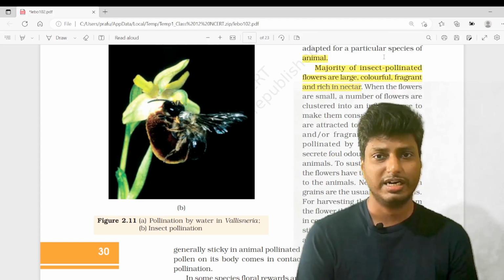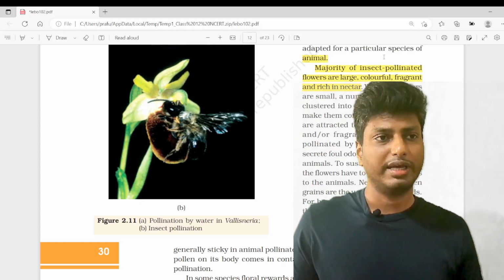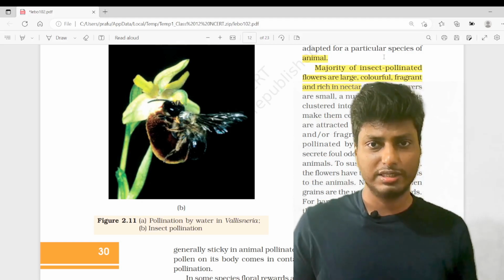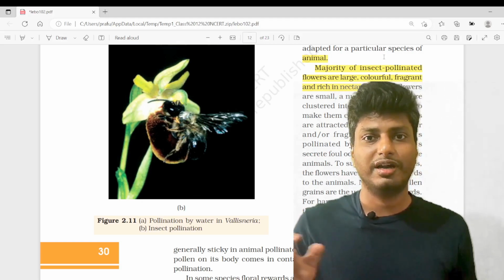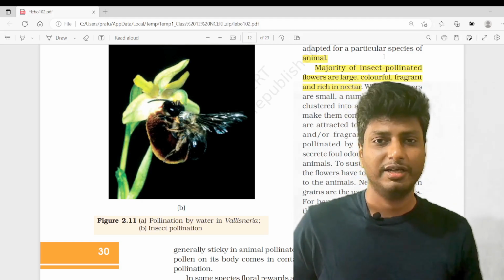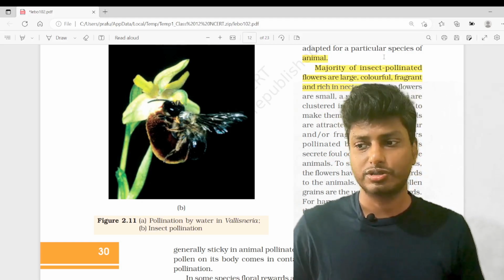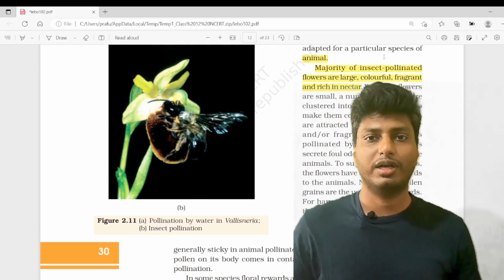Here you have to understand, guys, that it is an example of co-evolution, or you can also consider it as mutualism. What do we mean by mutualism? Here I am trying to explain the other concept, which you will study in the chapter called Organisms and Populations. Mutualism means that both the organisms are helping one another.